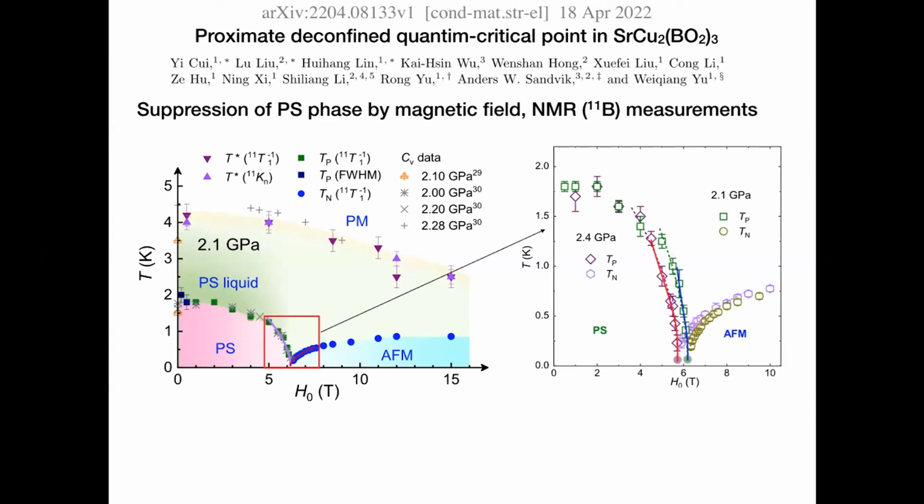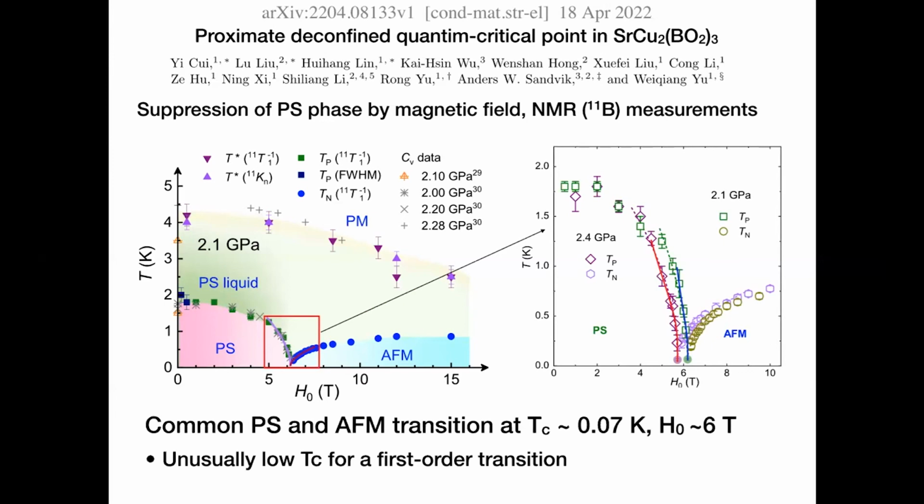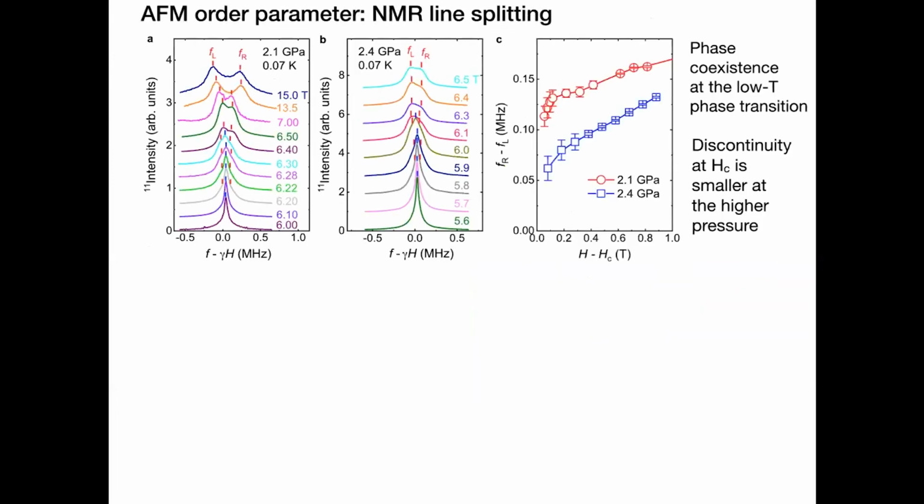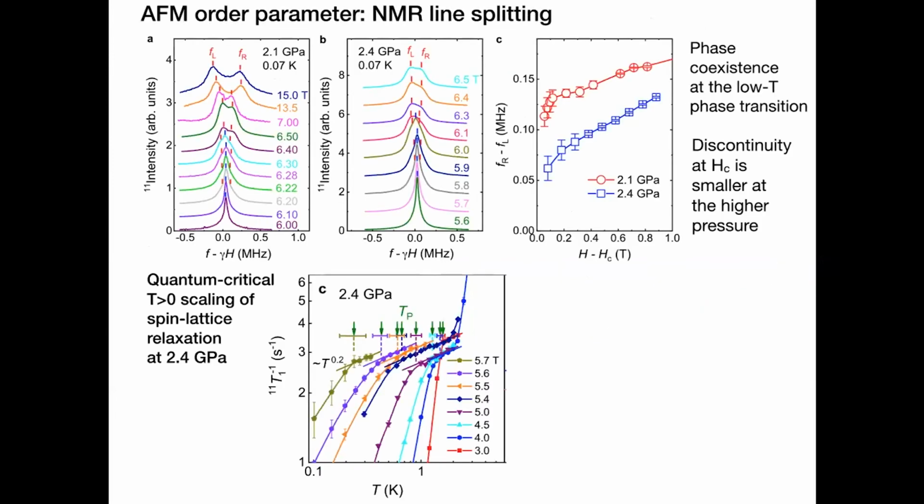The experimentalists do that at up to 2.4 gigapascal, and it looks quite similar, always very low temperature, which is actually surprising because, just quickly show here without really telling you much, the transitions are actually first order quite clearly.